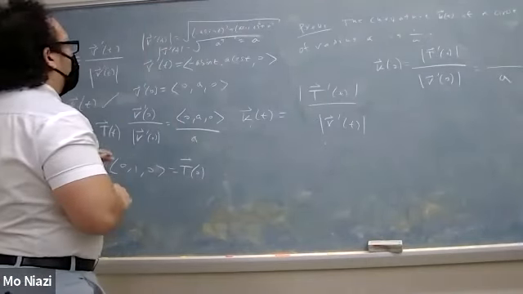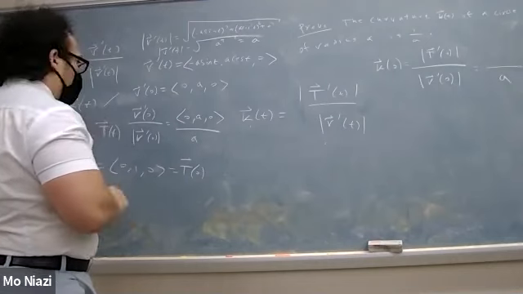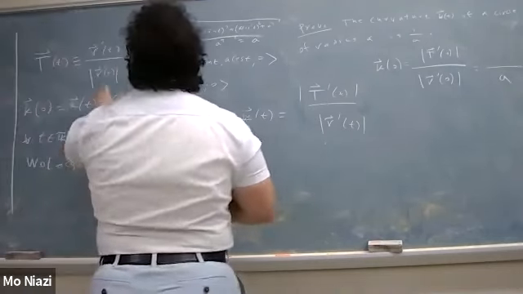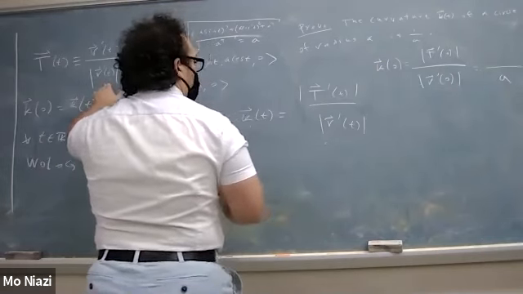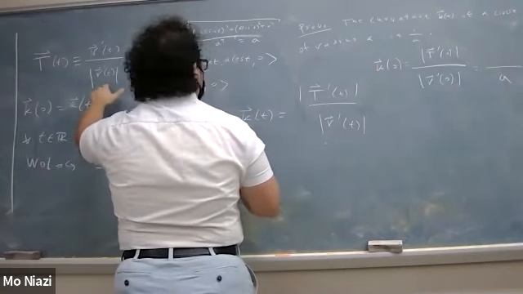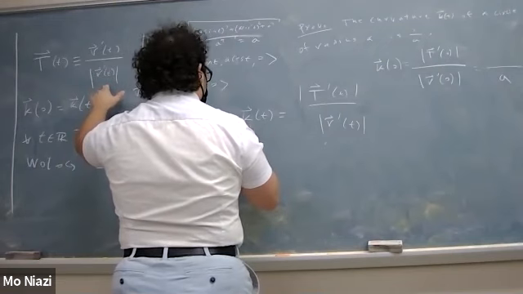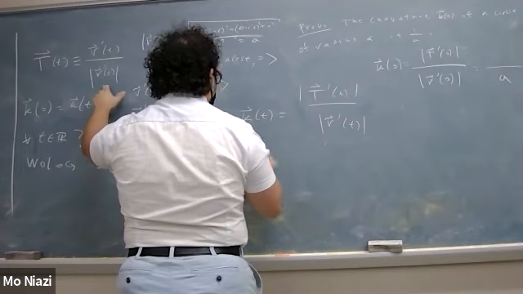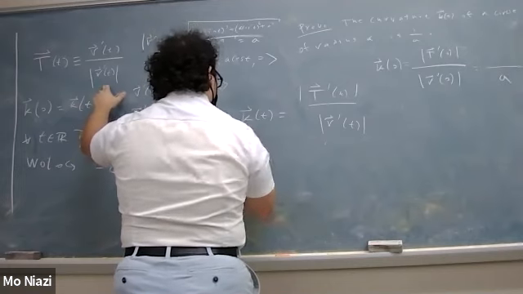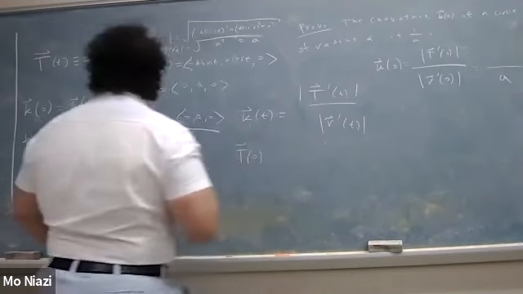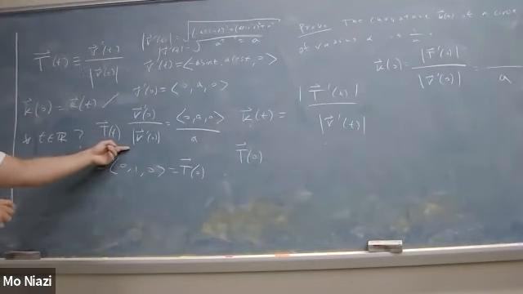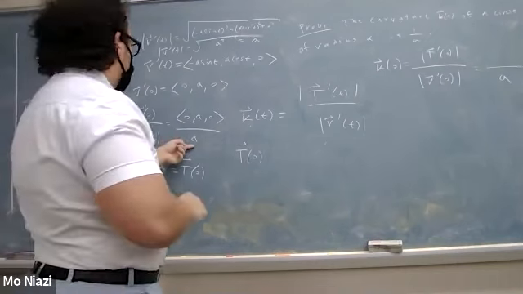We know what that vector T is somewhere around here. Do I have it on the board? Yeah, I think so. Where is it? Oh, here it is.